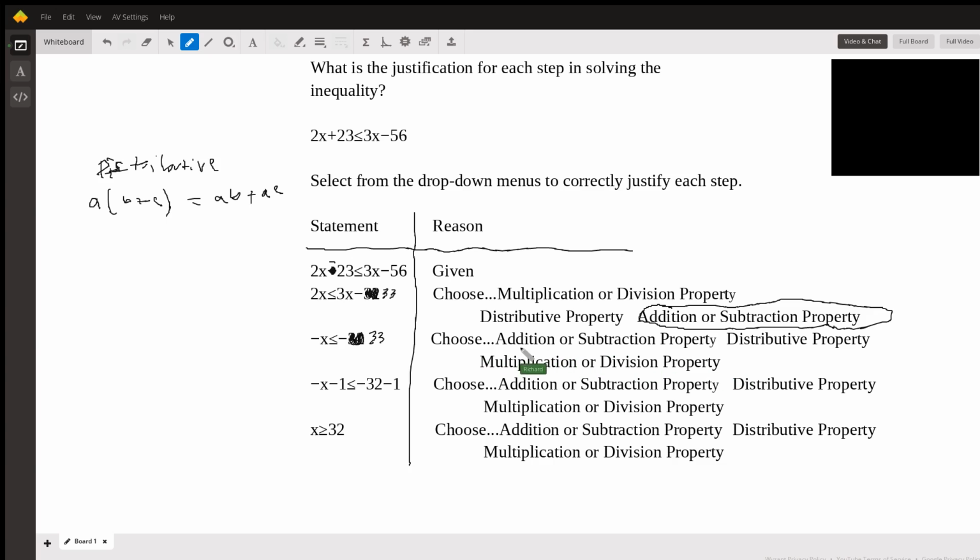So once again, this is multiplication. I'm sorry, this is addition or subtraction. Addition or subtraction. That's the first one here, because we've subtracted 3x from both sides.